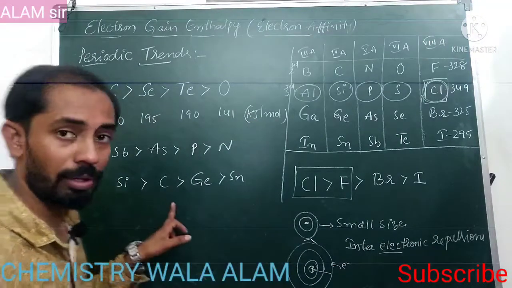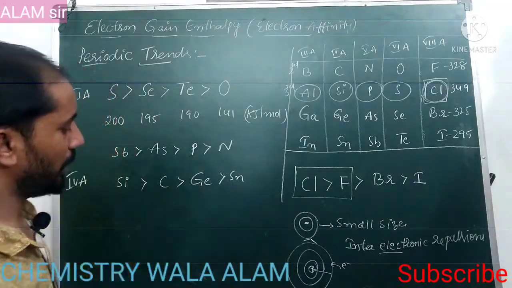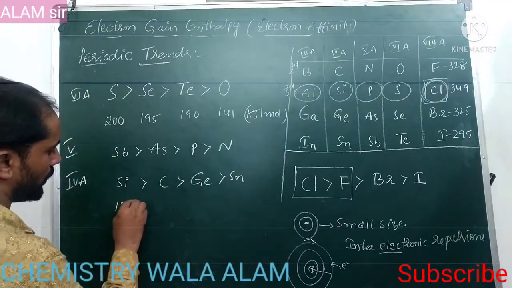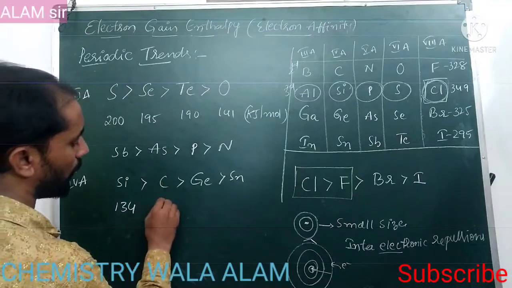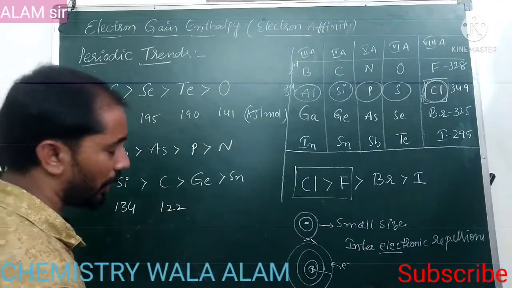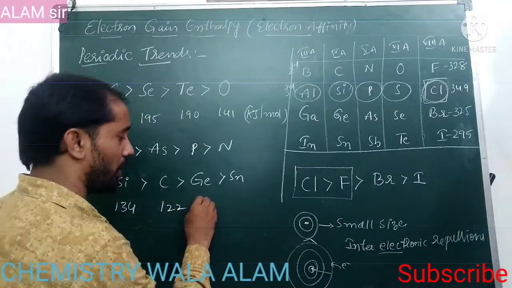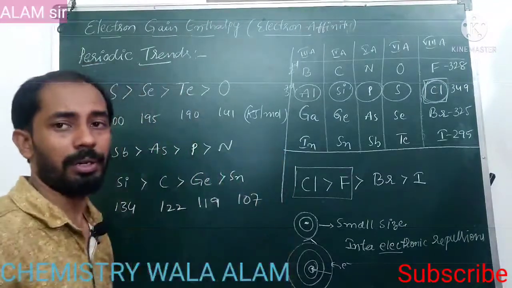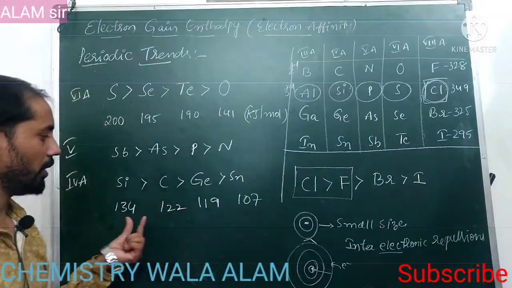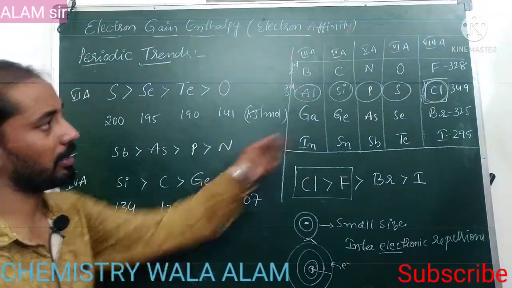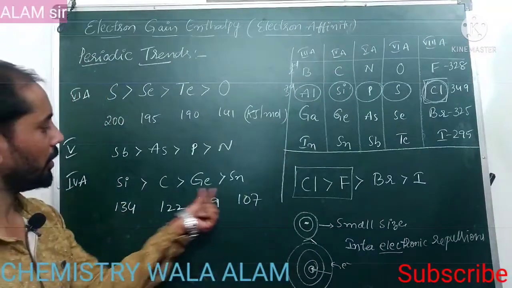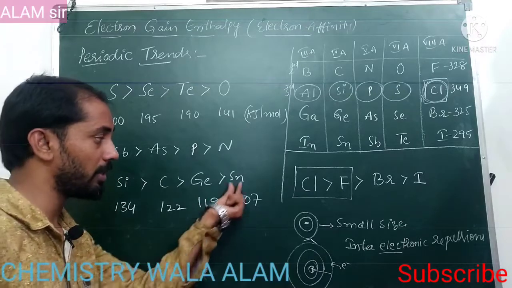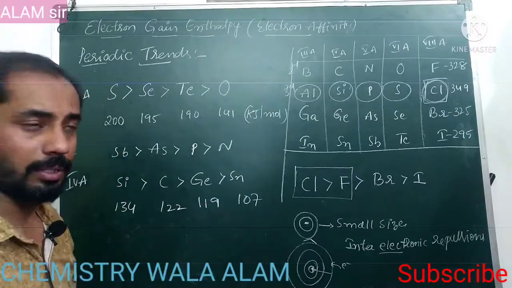The value of silicon is 134, carbon is 122, germanium is 119 and tin is 107 kilojoules per mole. So the order, highest is silicon, then carbon 122, germanium 119 kilojoules, tin is 107.